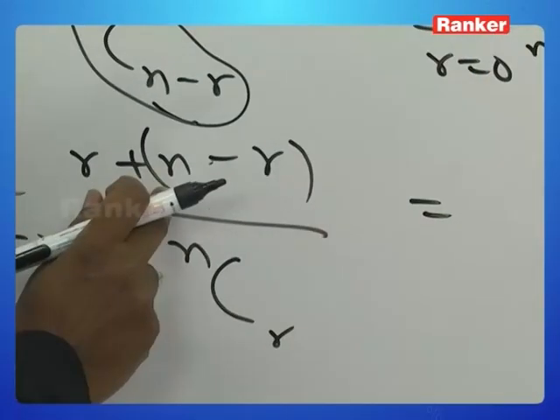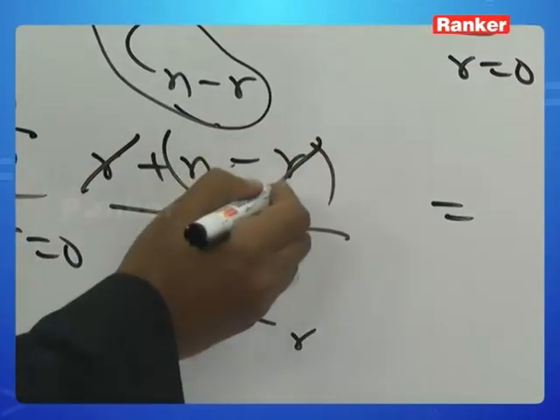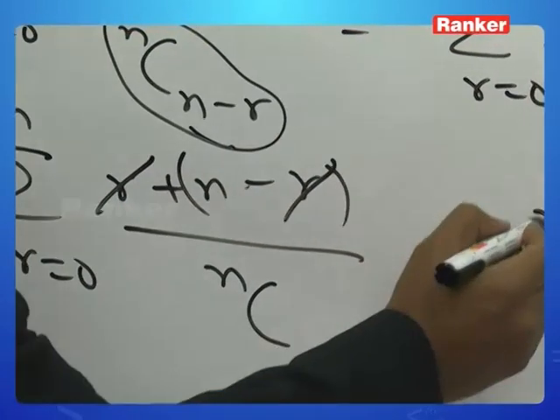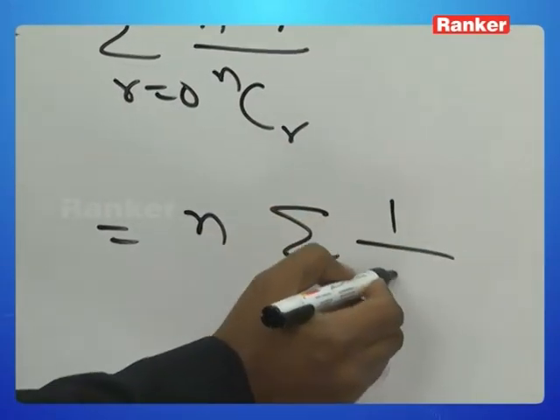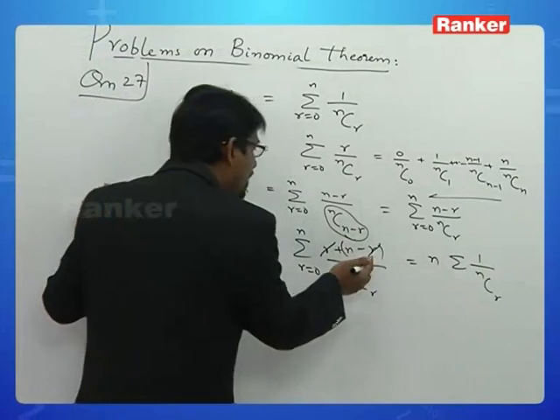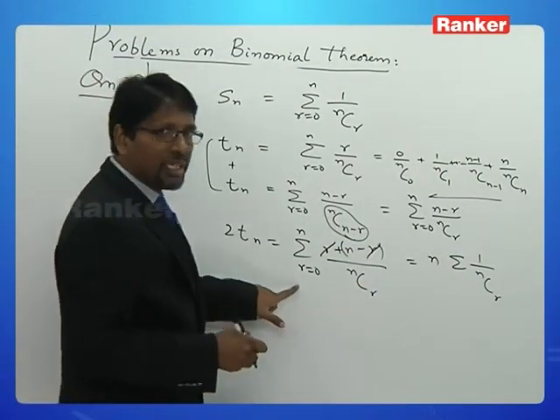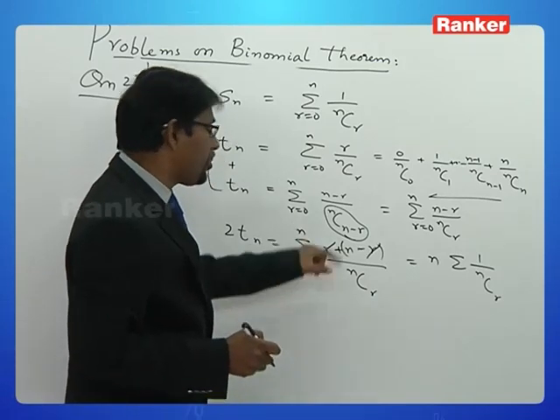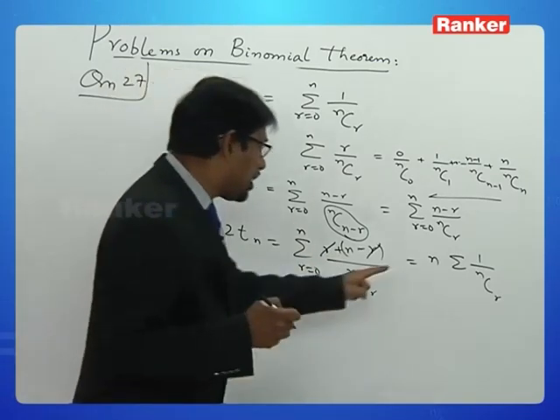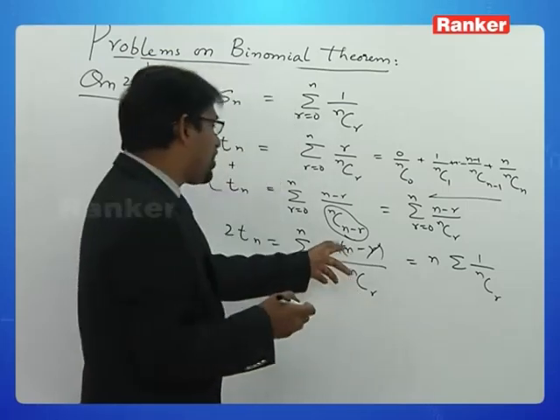This turns out to be, this r and r cancels, and we have here n into sigma 1 by nCr. Now this n has been pulled out because the summation is ranging only, what is the indexing variable? r. What is changing in the summation? It's only r that's changing, n is fixed in it, and that gets multiplied with every term.